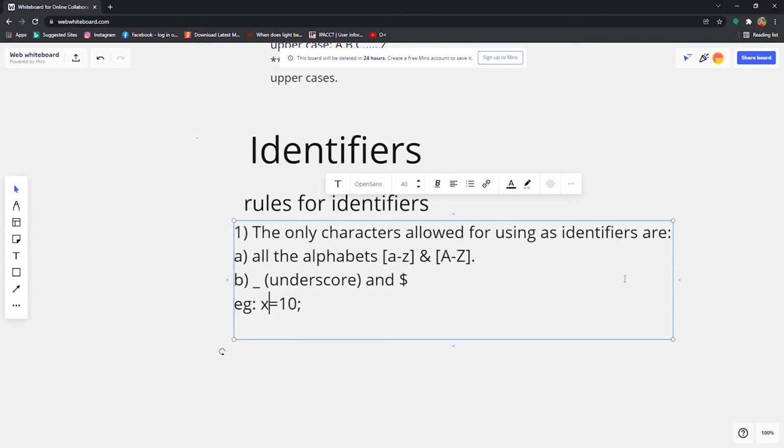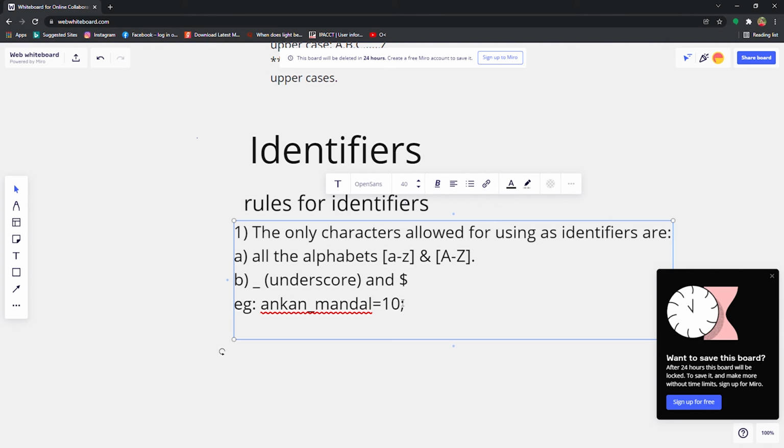This is the same example I gave you in the last topic, that is keywords, but here I am writing Ankan_Mandal, which is my name. This is a variable and this Ankan Mandal is an identifier, or I should say the name of the variable, is equals to Ankan Mandal.